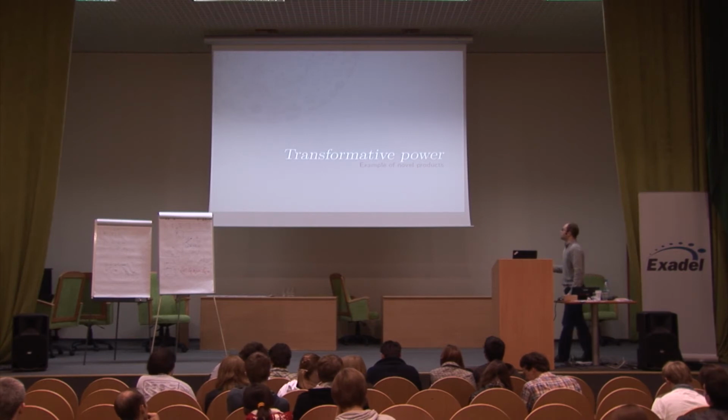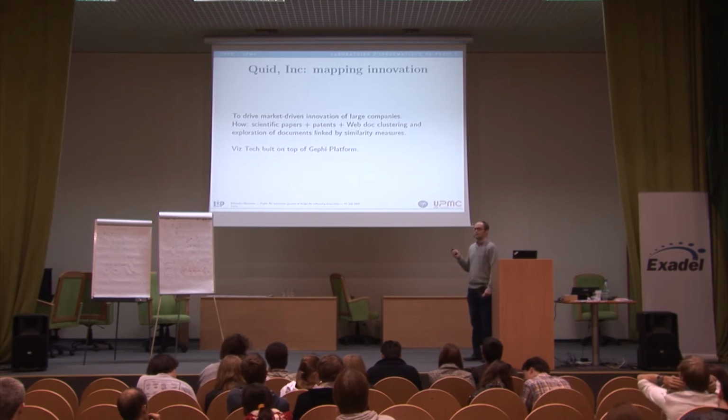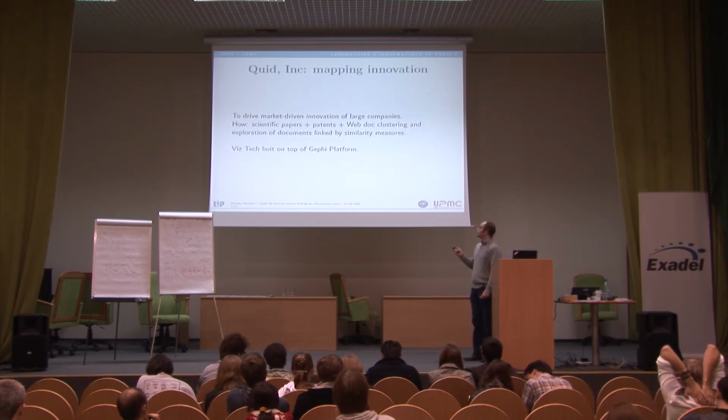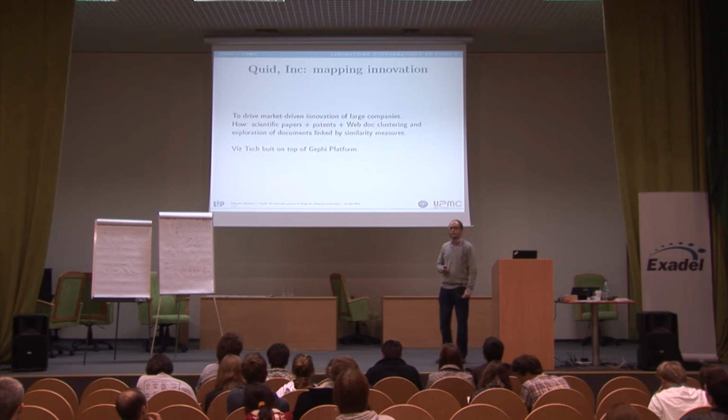Okay, some practical applications now. Well, you know that Gephi is used by a company called Quid in San Francisco. What they do is identify key trends in a market for big companies or governments.